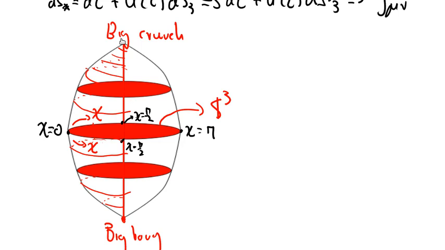And the boundary of the region is what I'm calling scri, which is now infinity.